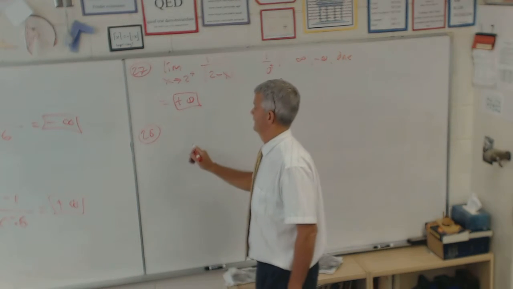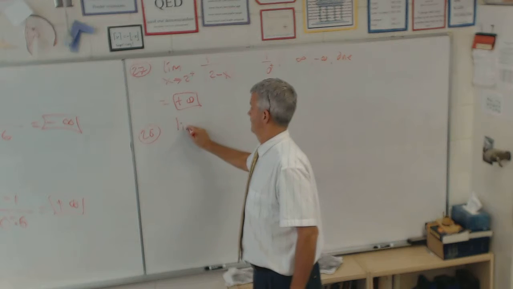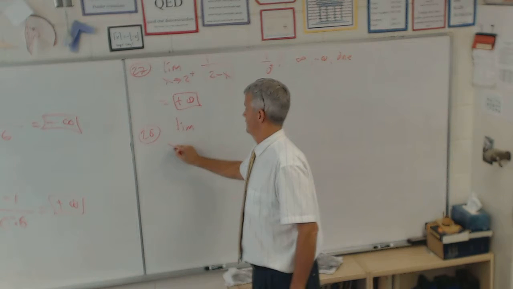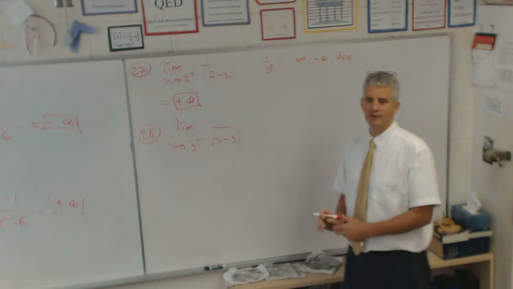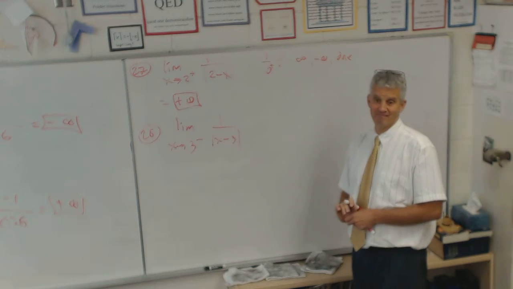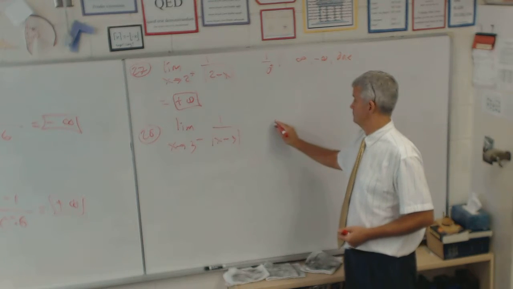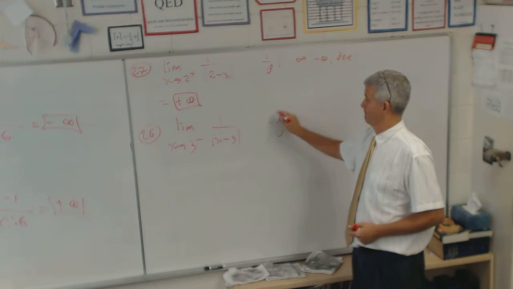28. The limit as x approaches 3 from the left of 1 over the absolute value of x minus 3. This is a similar problem. If we plug in 3, it gets to 0.